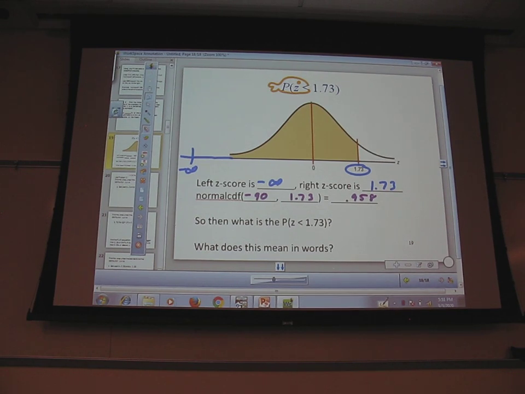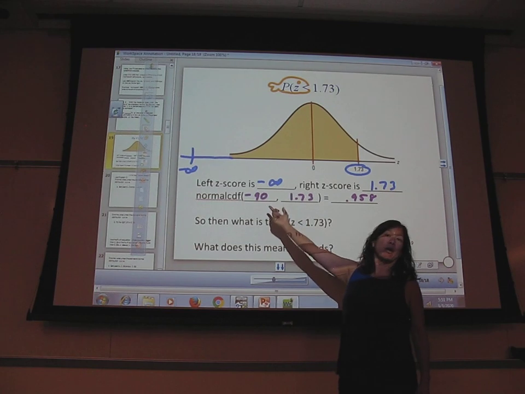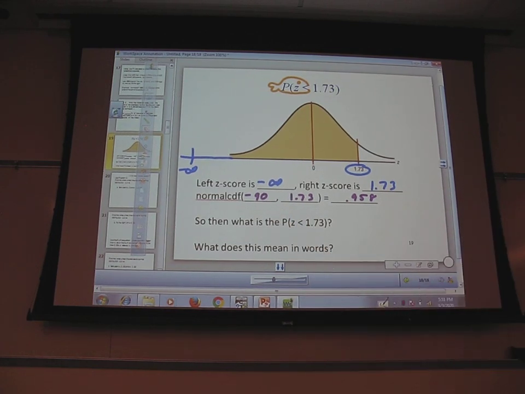No. So on the exam, if the question was this itself, we can just put negative 30 as my left. I would like this to be negative infinity, but in here you can put in any negative number you want.